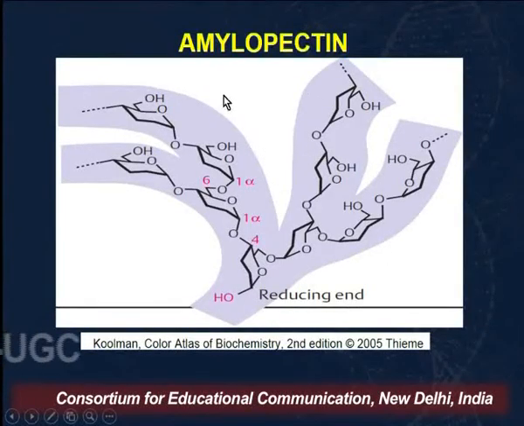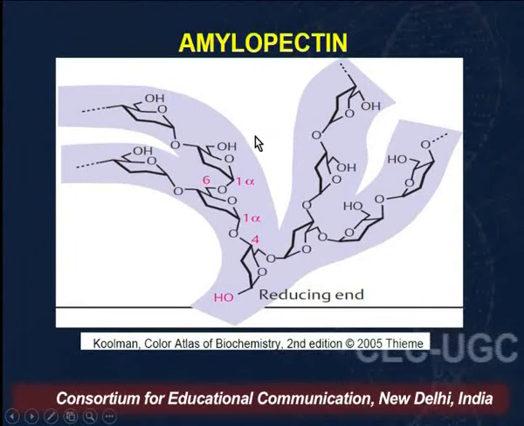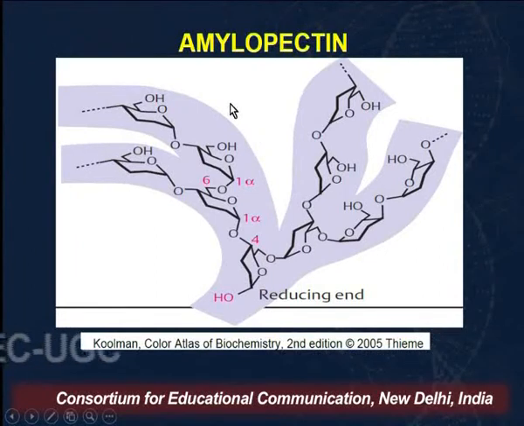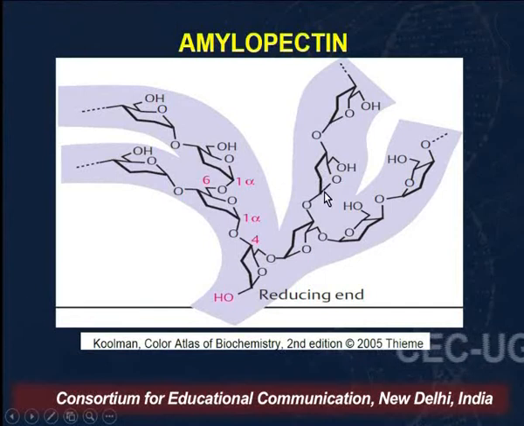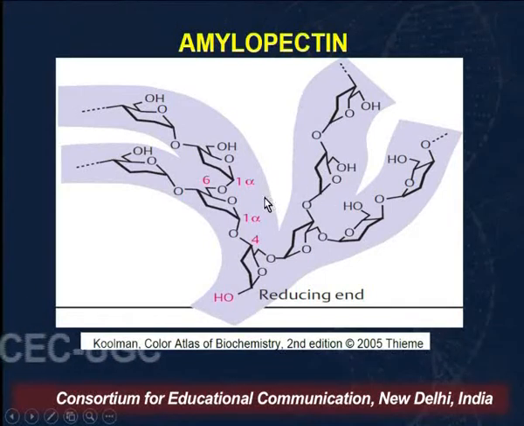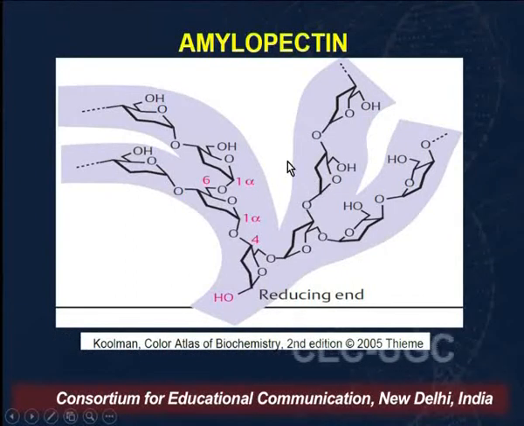Now if we go on to polysaccharides like starch, cellulose, or glycogen, these have reducing ends. Amylopectin is a highly branched structure in which you have 1,4 linkages between the alpha D glucose molecules, and 1,6 linkages.